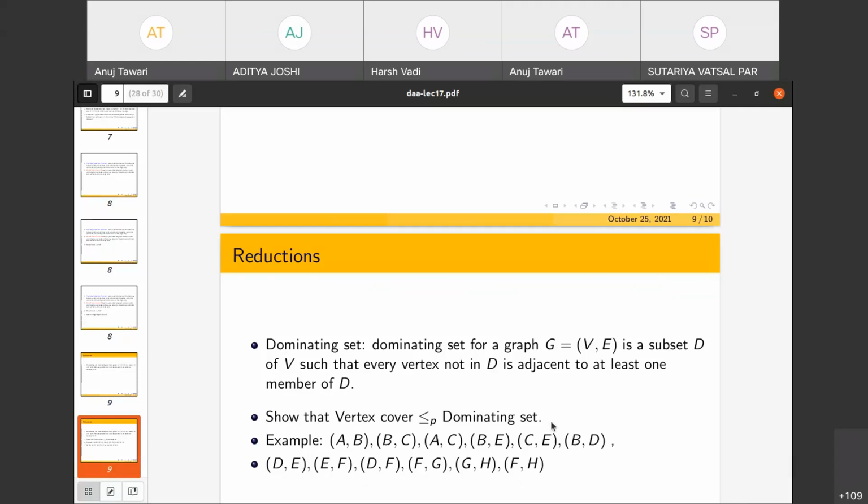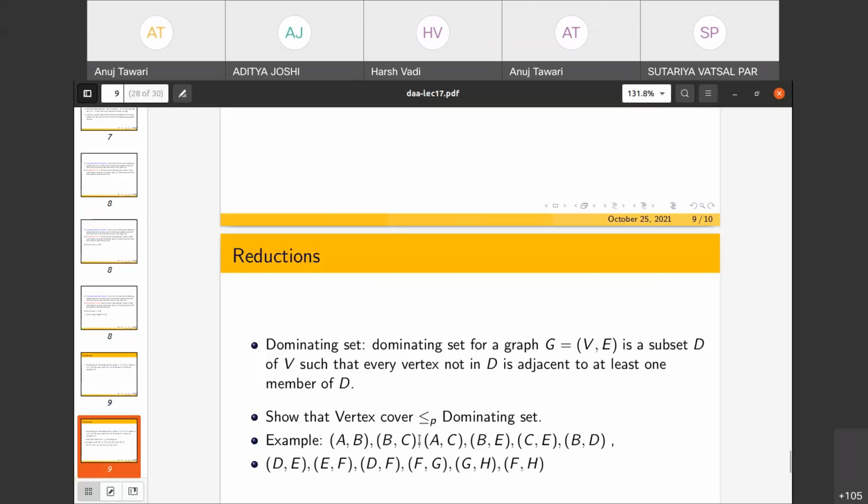Or can I get a smaller one? So for instance, I could pick D, F, G, and E. No, okay.